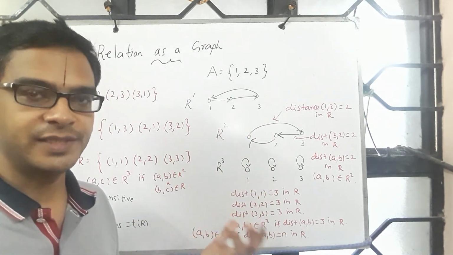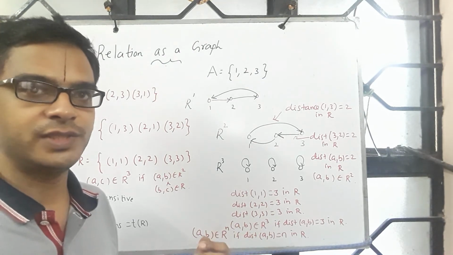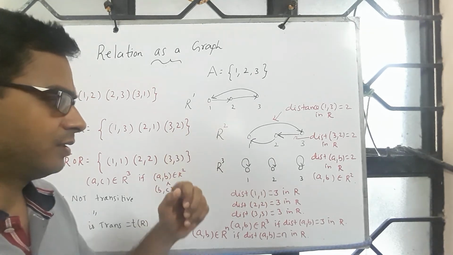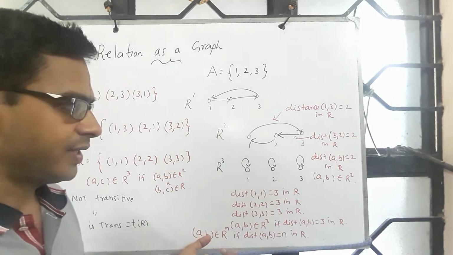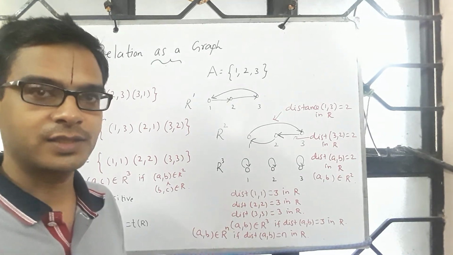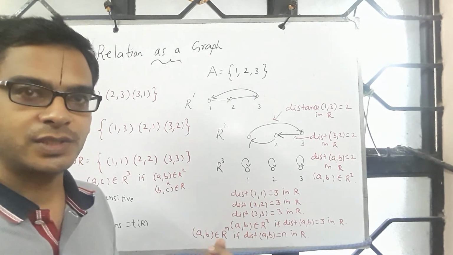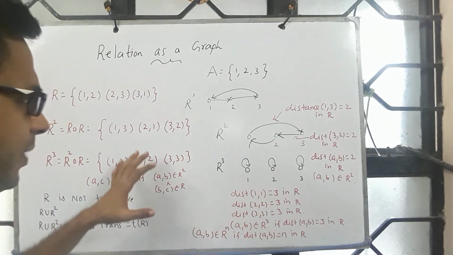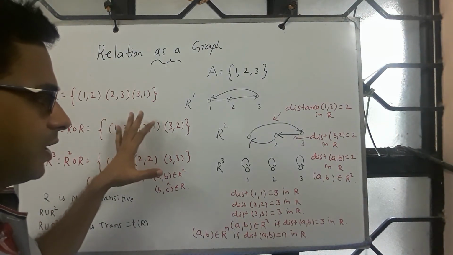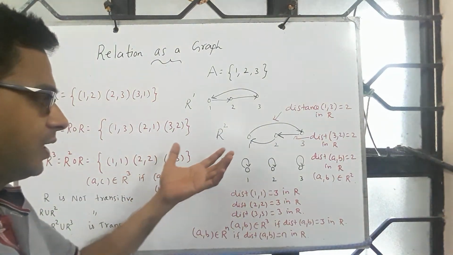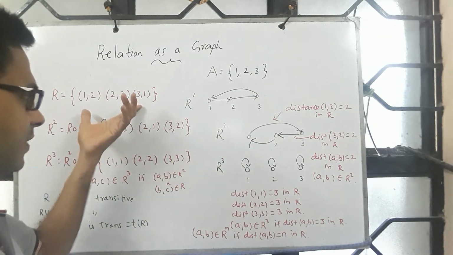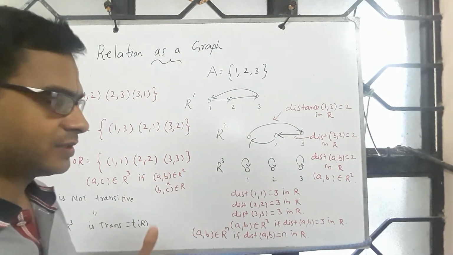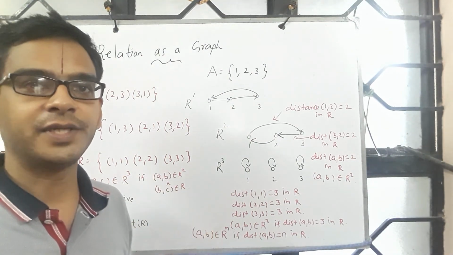R square consists precisely of pairs whose distance is 2 in the underlying relation R. In general, R power i consists of pairs and arcs of type A comma B whose distance is i in the underlying relation R. This has plenty of applications, and we may switch between the set theoretic representation of R and the graph theoretic representation as we discuss more topics in the context of binary relations.